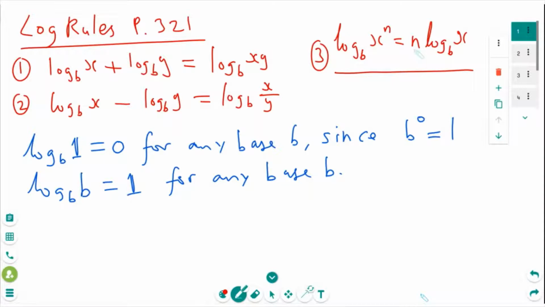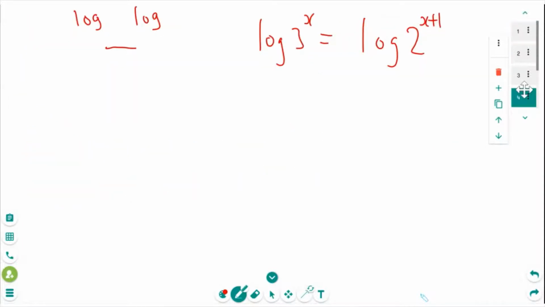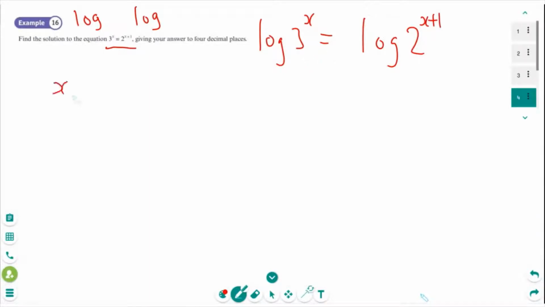So you can apply that law to this case on both sides. The left-hand side will become x log 3. On the right-hand side, the whole thing is the power, so all of it will come down. You put a bracket around it.